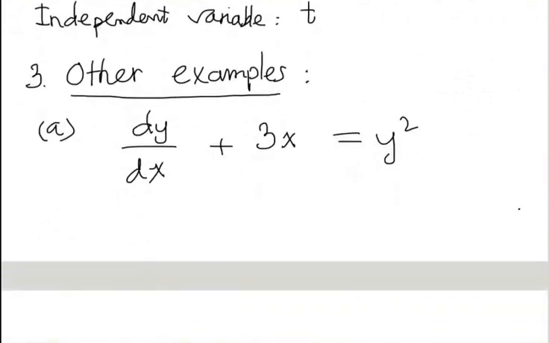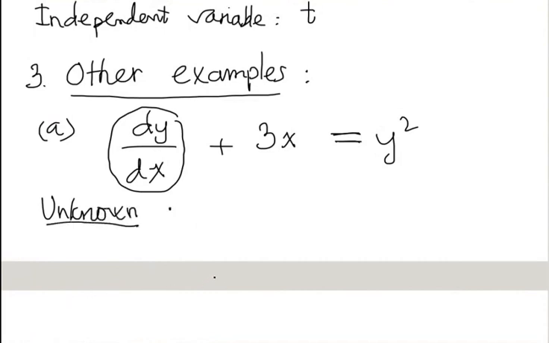Then it's a differential equation because we have the equality together with the derivative. Here the unknown is what? It is y, because that is the function we are taking the derivative of, right? dy/dx: unknown y, and the independent variable is x. We're taking the derivative in the variable x. That's why the notation dy/dx.